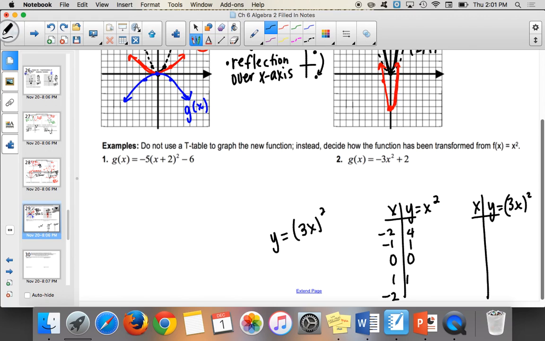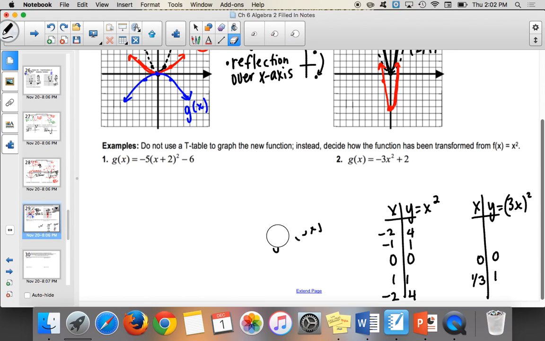If I want to get those same outputs, what do I have to do to the x in order to get a 1 for the y? What do you plug in for x to get 1 out? 1/3. Do you see it? So that's why we're 1/3. So x is the third value. Anytime anything's inside with the x, you have to undo whatever operation is in there. It's kind of weird, isn't it?